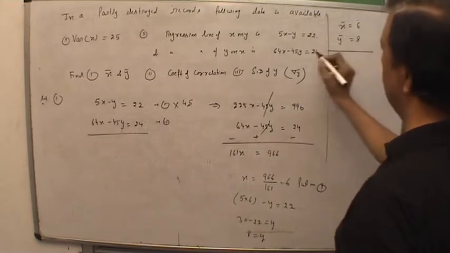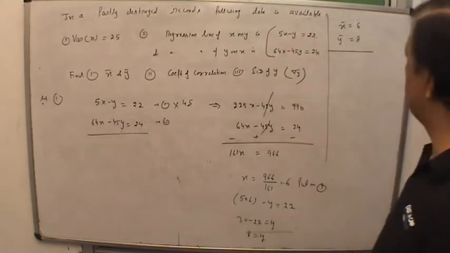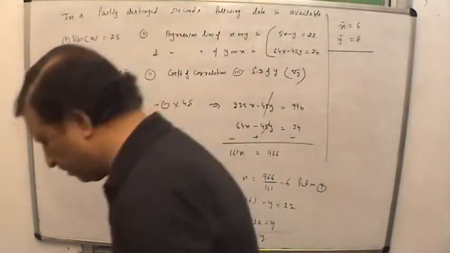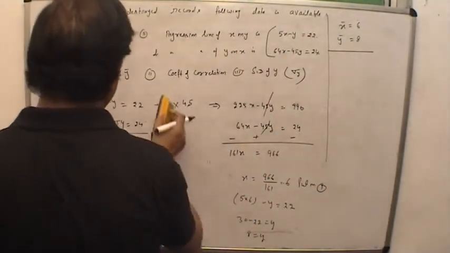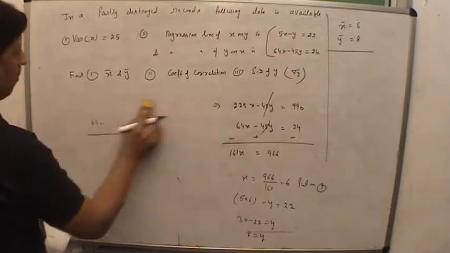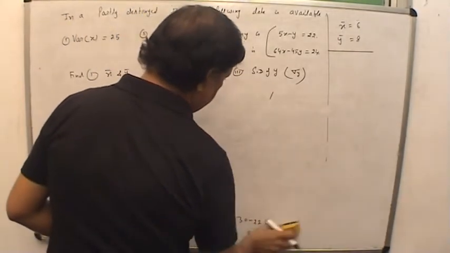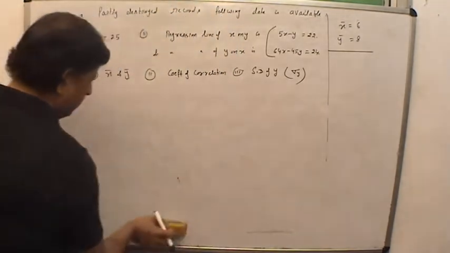We can say both regression lines intersect at the point x bar, y bar. Now for the second part, coefficient of correlation and standard deviation of the y variable.